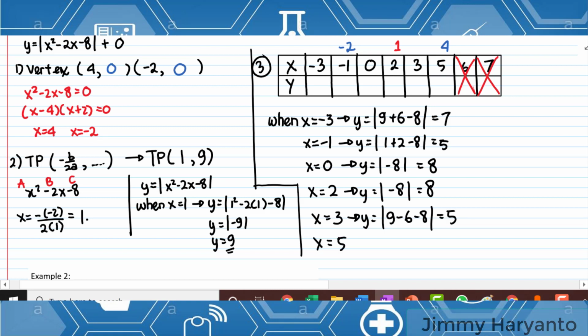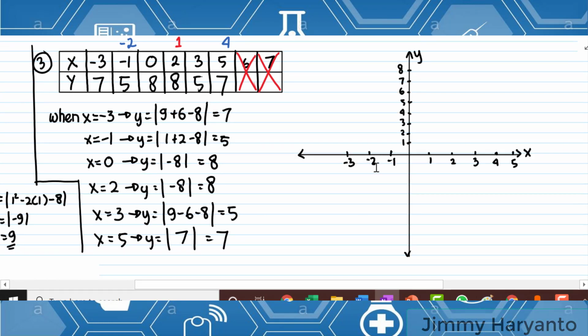For x equals 5, y will be 25 minus 10, 15, minus 8, which is 7. Then we write the table: 7, 5, 8, 8, 5, 7. And then we have to draw it.